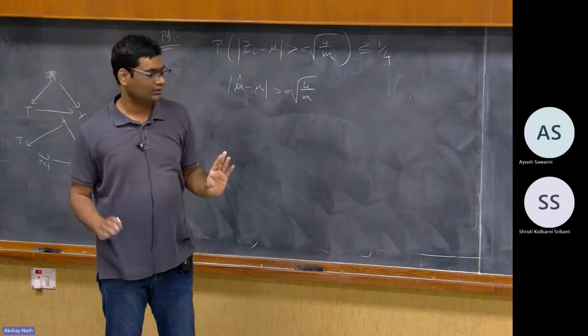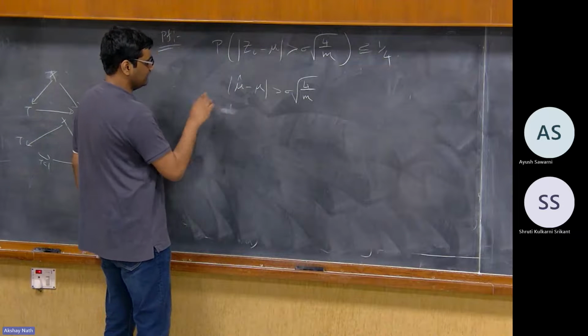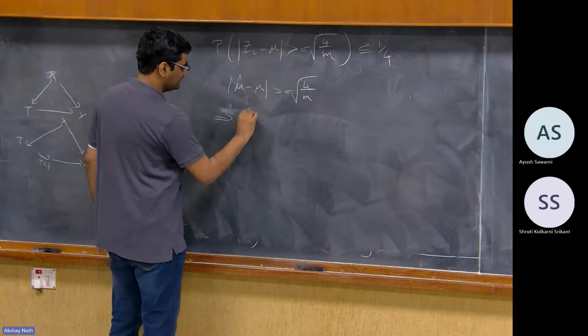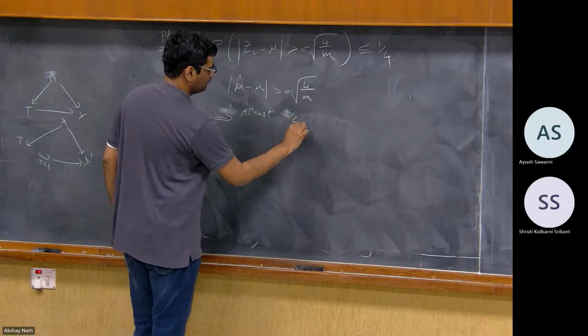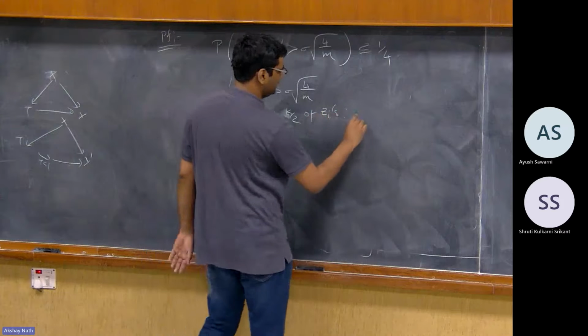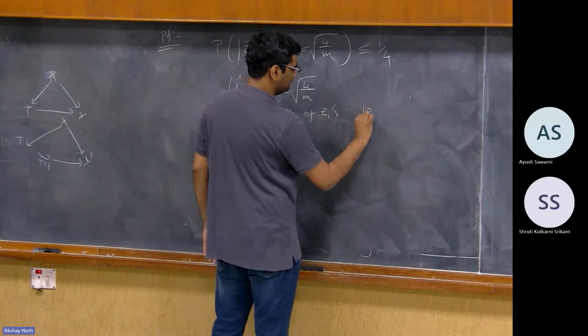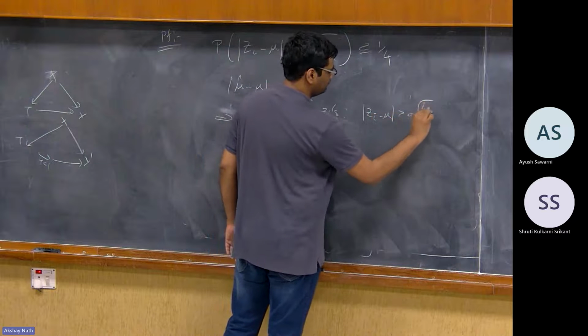That's by definition of median. So this event implies that at least k/2 of the zi's satisfy zi minus mu is greater than sigma times the square root.